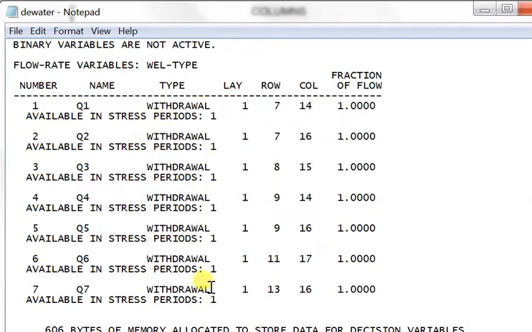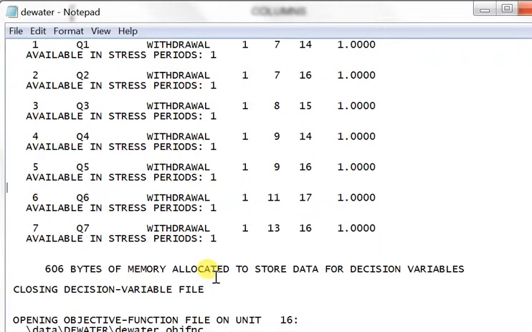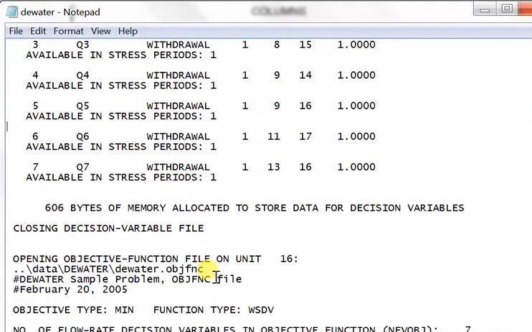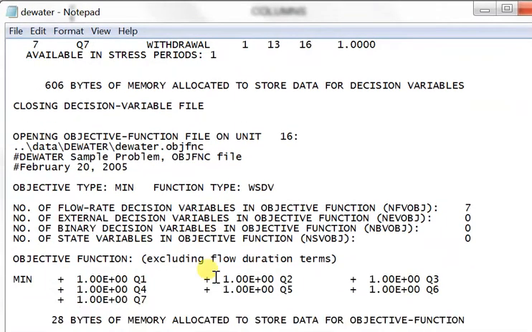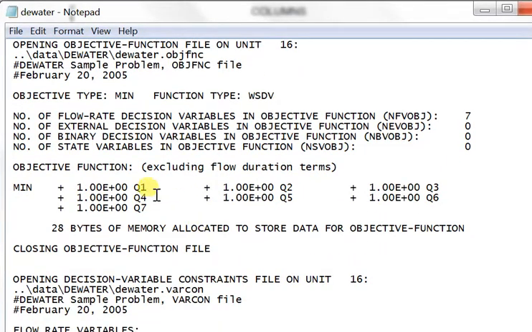This is a steady state problem. We move on to the objective function file, and GWM prints out for us the actual form of the objective, which is to minimize 1 times Q1 plus 1 times Q2, etc.